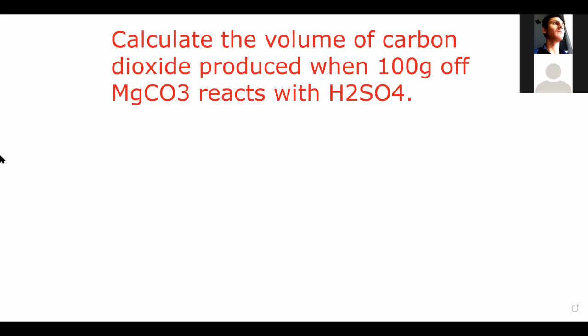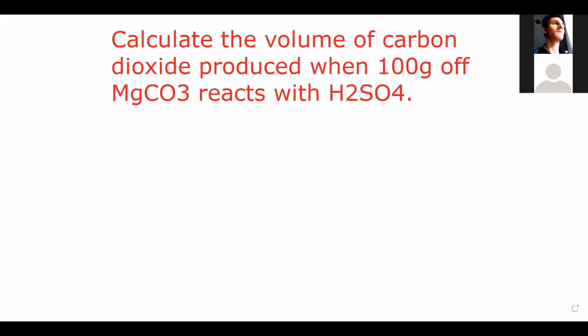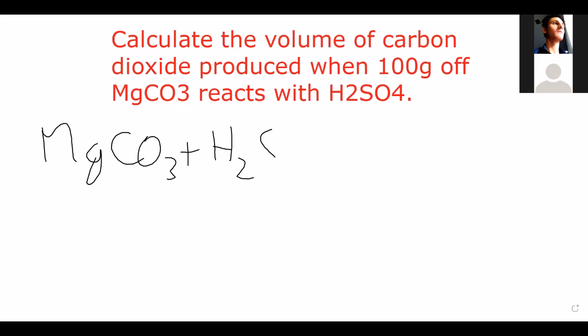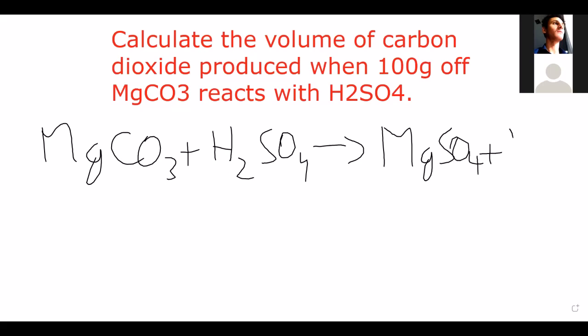For this again, we'll first write the balanced chemical equation. Magnesium carbonate plus sulfuric acid produces a salt, which is magnesium sulfate, plus water plus carbon dioxide gas.